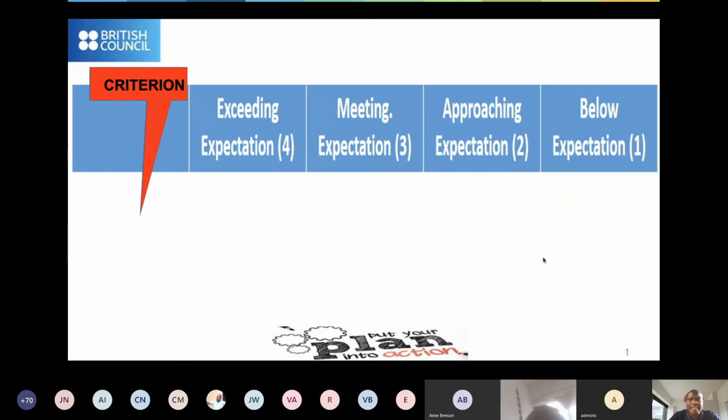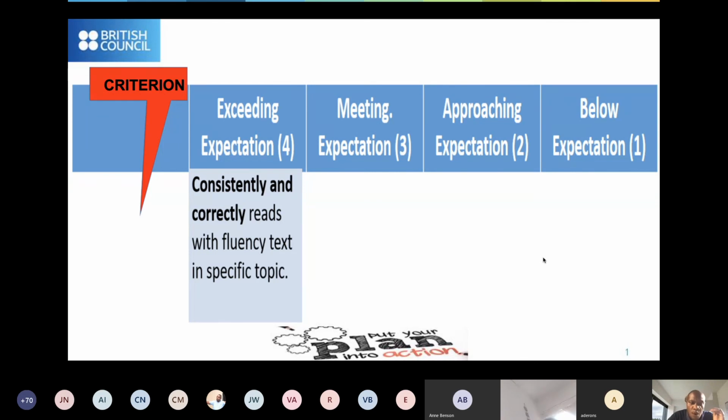And when measuring my success, I will use below expectation, approaching, meeting, and exceeding, because I need to measure myself as I'm working. For example, consistently and correctly reading with fluency is my exceeding expectation.